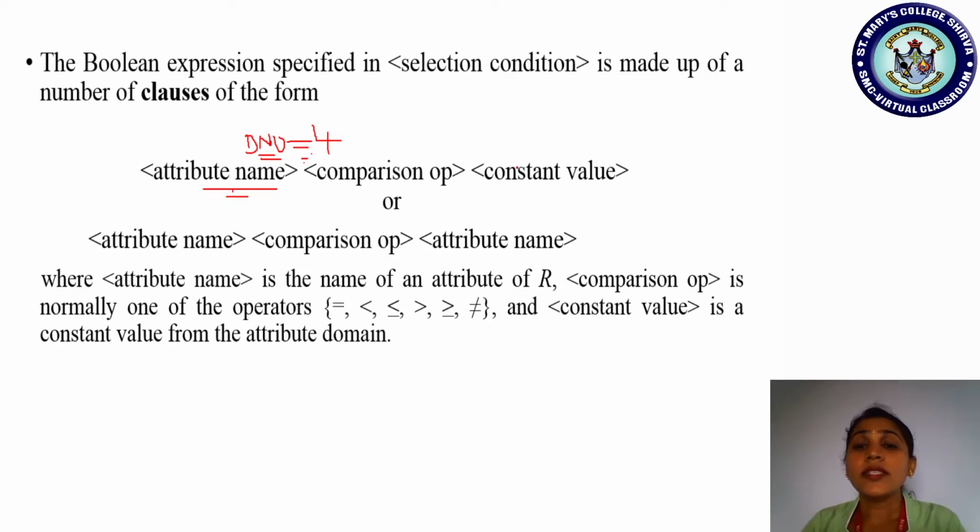Then the constant value, which here is 4. So in the employee relation, if the department number column is found with the value 4, then it returns true and that tuple is selected for display. That is the meaning.